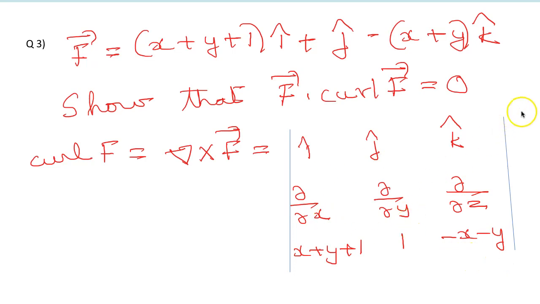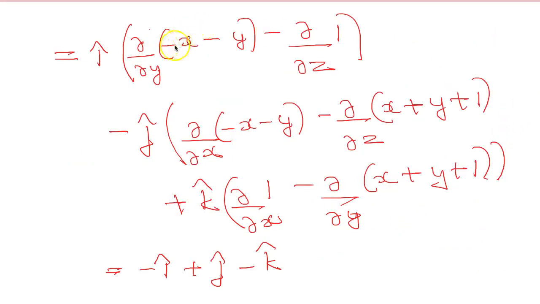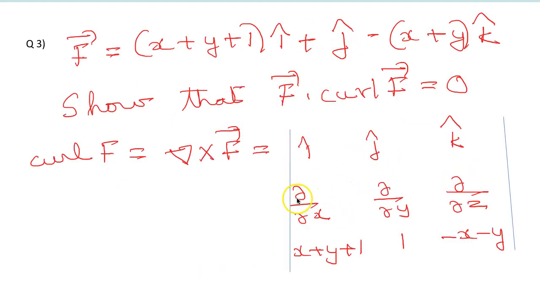So expanding this 3 by 3 determinant, we get i times the partial derivative with respect to y of (−x − y) minus the partial derivative with respect to z of 1, minus j times the partial derivative with respect to x of (−x − y) minus the partial derivative with respect to z of (x + y + 1), plus k times the partial derivative with respect to x of 1 minus the partial derivative with respect to y of (x + y + 1).